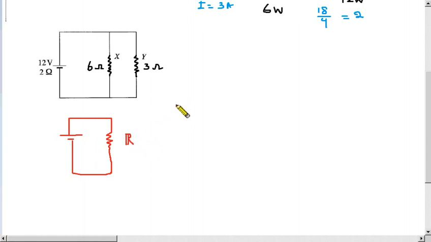There is an equation, 1 over capital R equals 1 over R1 plus 1 over R2. This is the general equation for such a parallel network. So R1 is 6 ohm, R2 is 3 ohm.